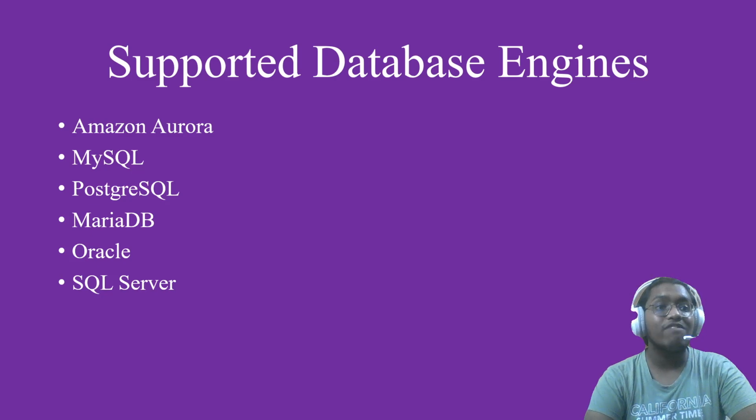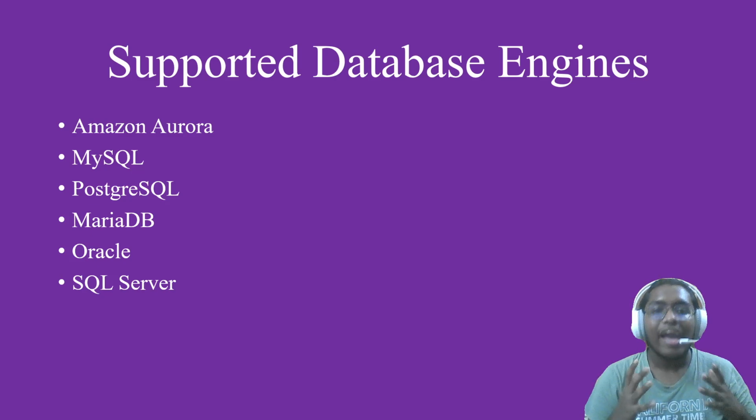At first, we have Amazon Aurora, then MySQL, PostgreSQL, MariaDB, Oracle, and finally SQL Server. Amazon Aurora is a MySQL and PostgreSQL compatible relational database that's optimized for the cloud. It offers performance and availability comparable to commercial databases at a fraction of the cost.